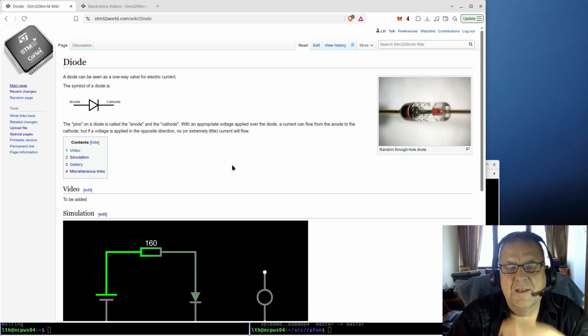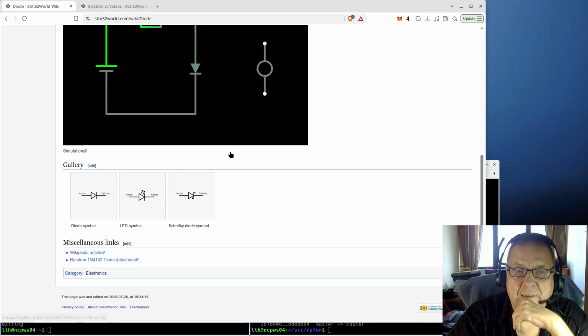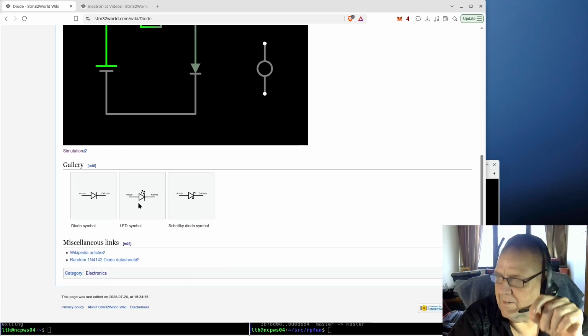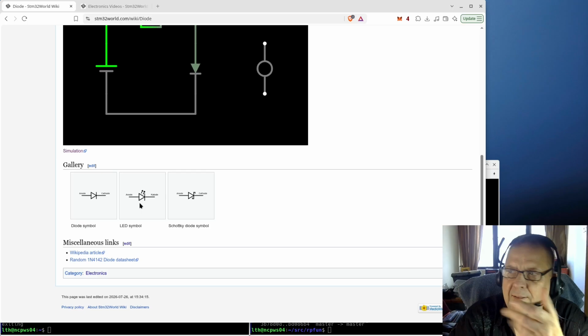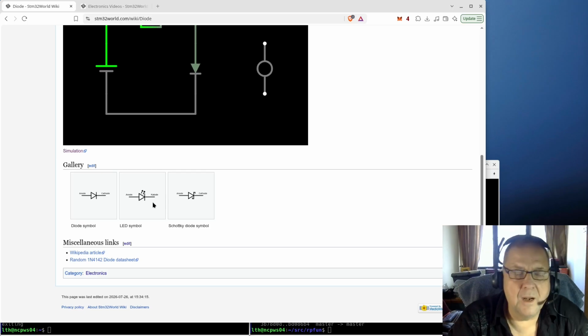Other diodes that exist and are common in diagrams are a few of them listed down here. Now, an LED, which we see all the time, is actually a diode. It is just a diode that glows in a certain color, and it works exactly the same way.